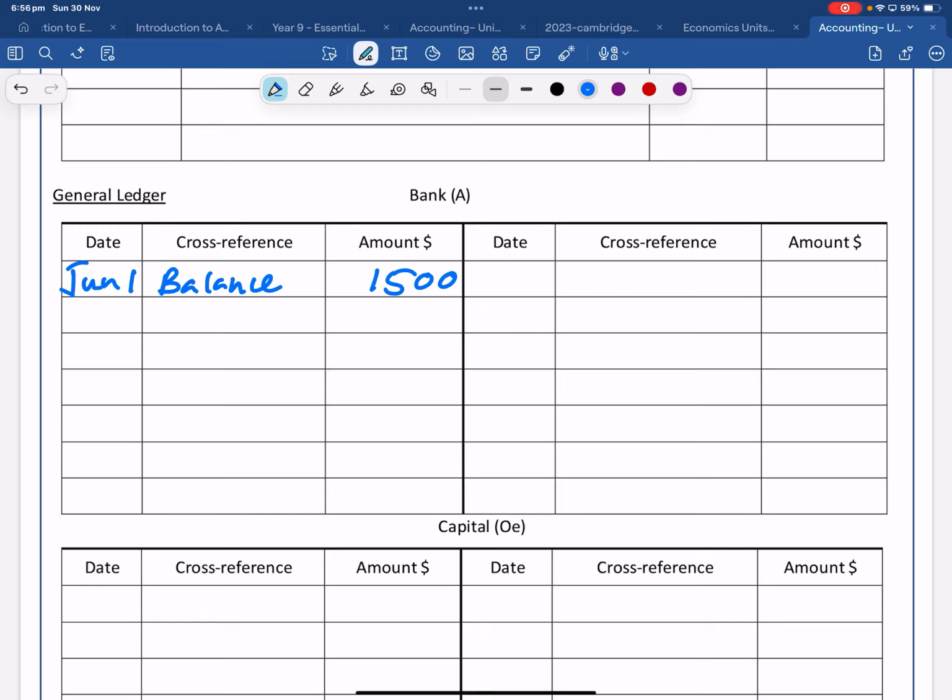You need to do the lines. Double line. Oh no. That balancing part is for the previous period. We are starting from the 1st of June.